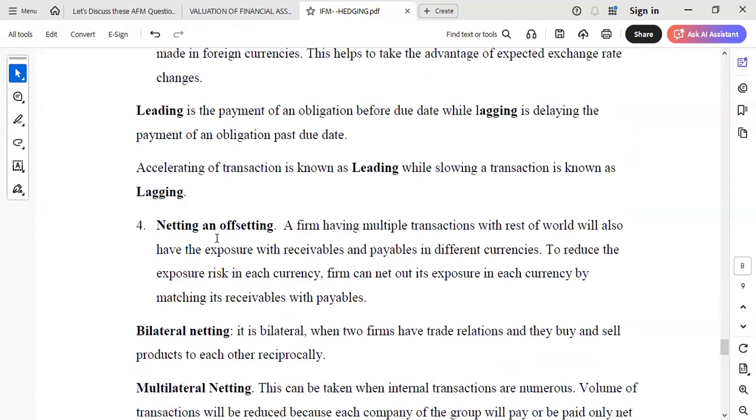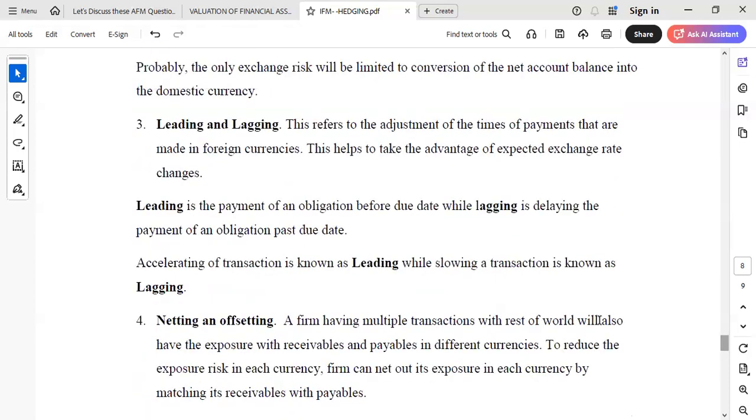Then lagging and leading. Leading, you are paying now before the due date. Basing on the circumstances, you predict that the exchange rate may increase, so you decide to pay now rather than waiting for the 3 months.